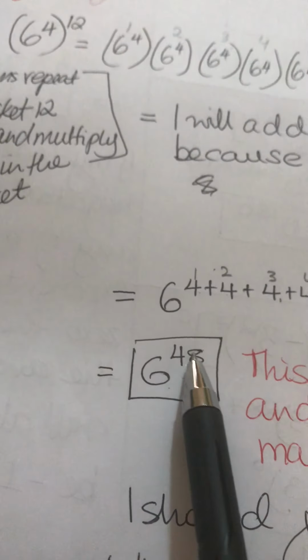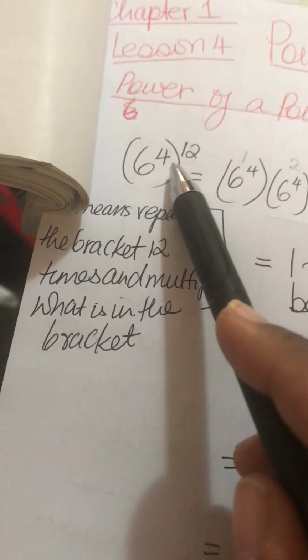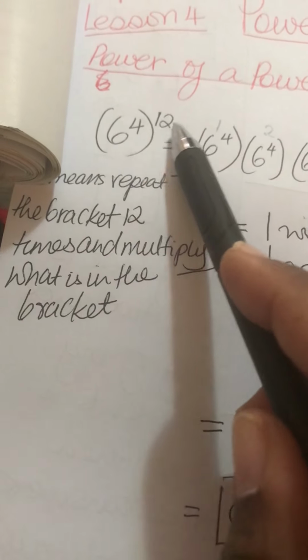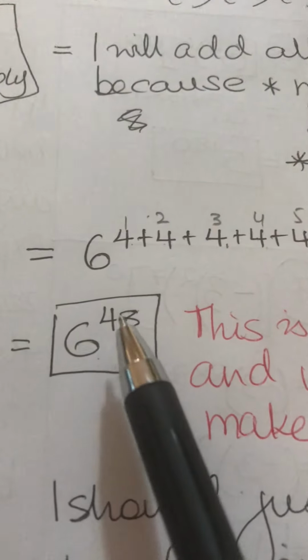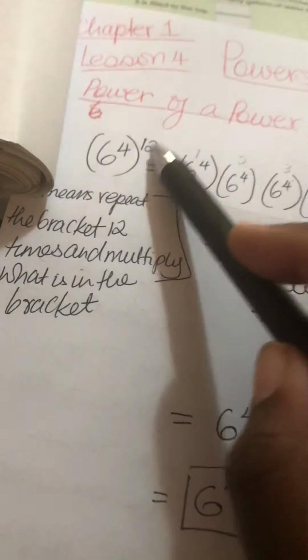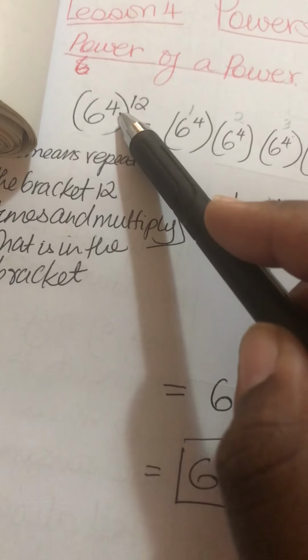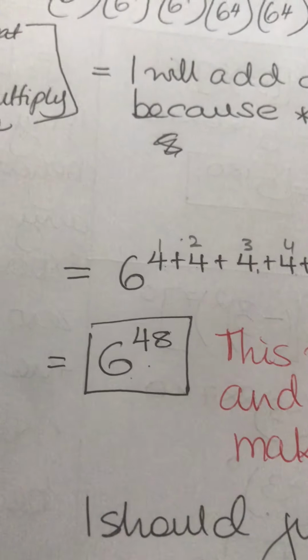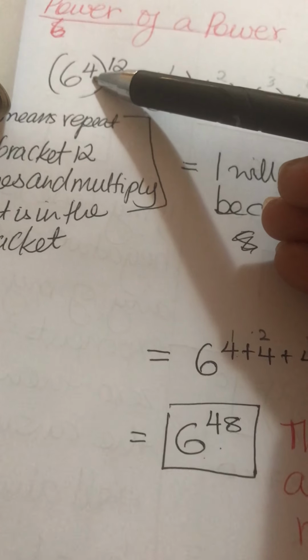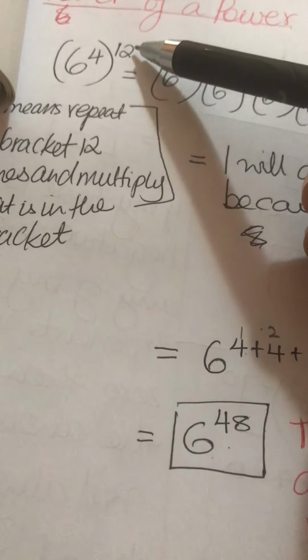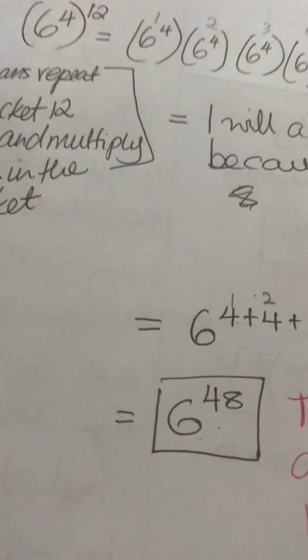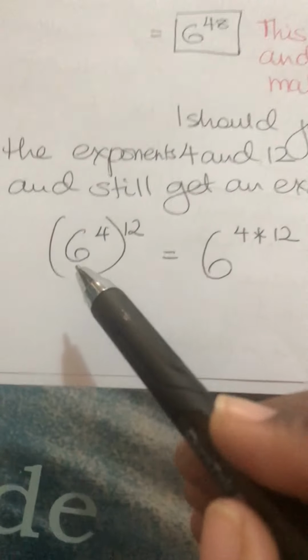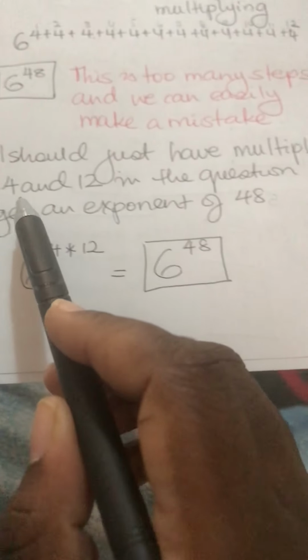If you look over here, you got 48. And you ask yourself, what is the relationship of 4 and 12 that gives me 48? And you say, if I just multiplied 4 and 12, I will get 48. Voila. So, when I have a power raised to a power, I will just multiply the exponents. So that's what I wrote. Okay?